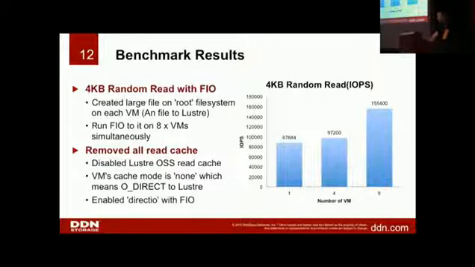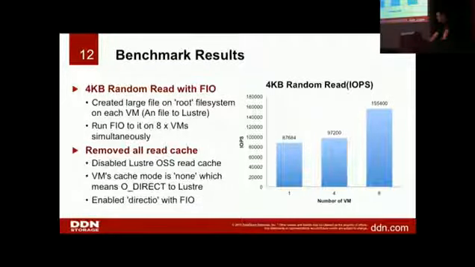Then we have the 8 VMs, and run FIO on the 8 VMs simultaneously. This is a random read test. So we disable all the OSS caching. Then the VM cache mode is none, which means direct I/O from the VM to the Lustre.